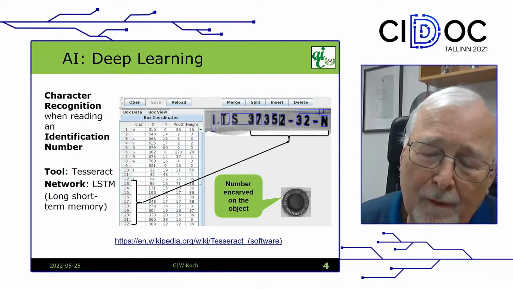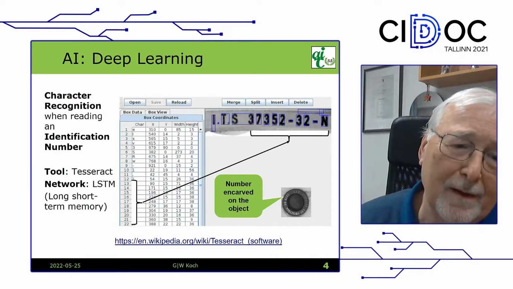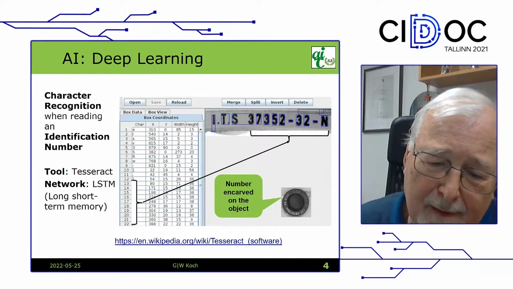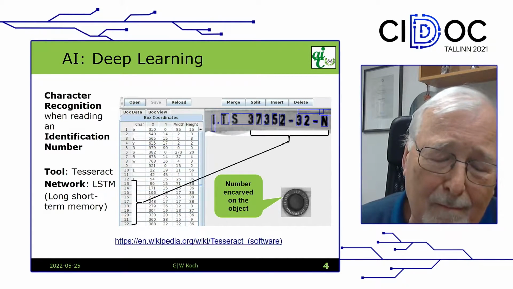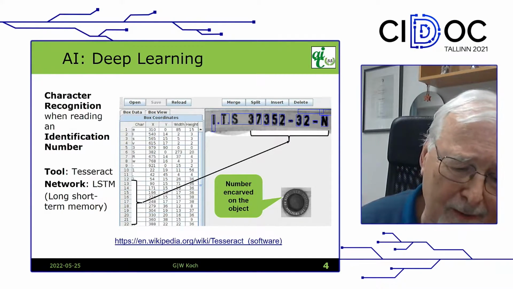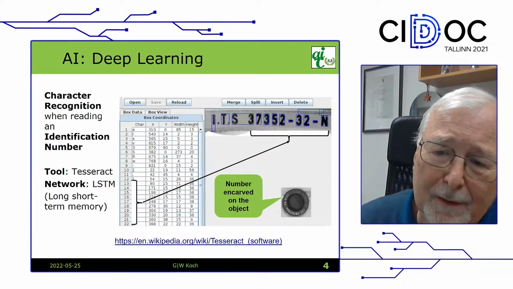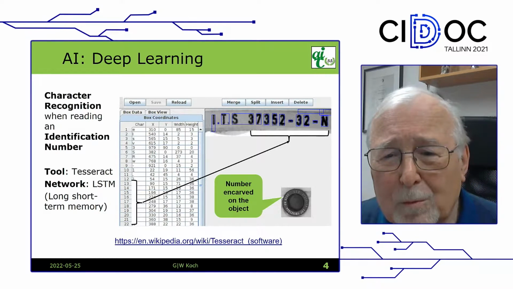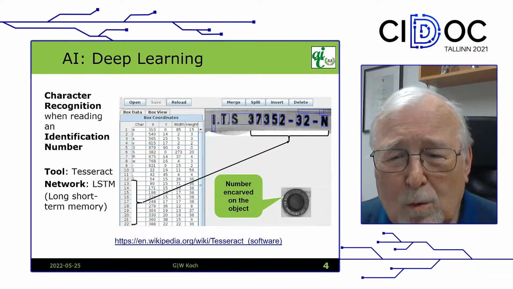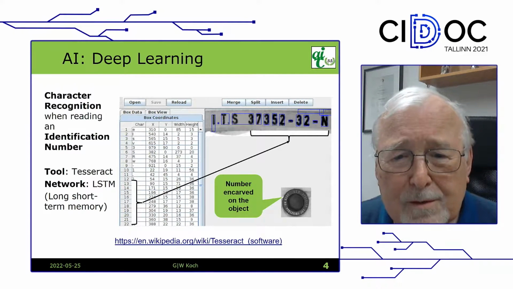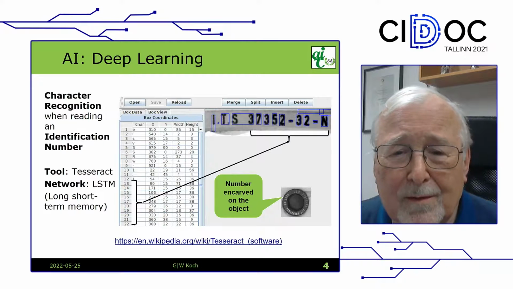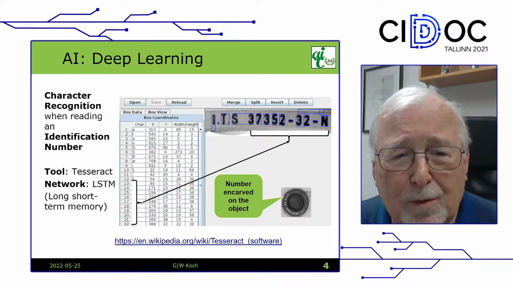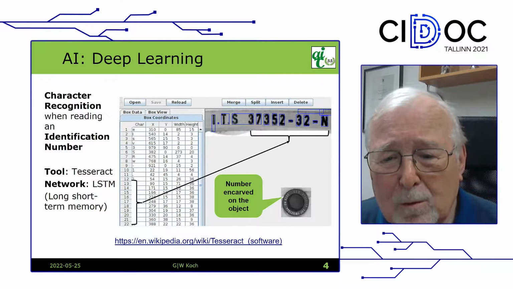For example, for optical character reading, there exists the tool Tesseract from the 90s of the last century, originally developed by HP, Hewlett Packard. Then it was put in open source, and I think Google has used this or is still further developing this. And since version 4 of Tesseract, you have a URL below.